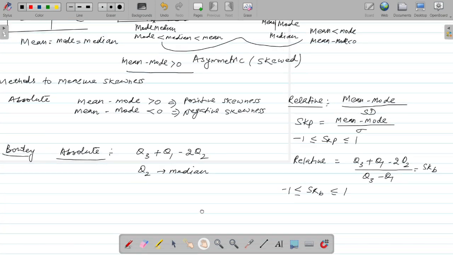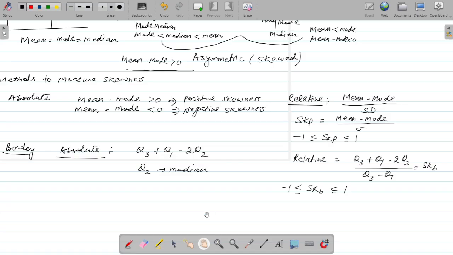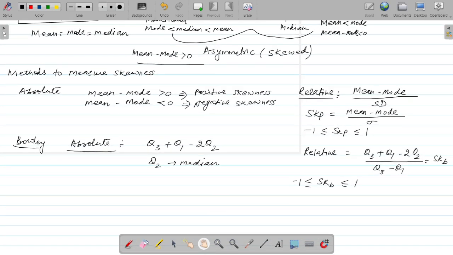There is another measure, Kelly's measure. Kelly's measure includes percentiles and deciles, but it is not in your syllabus, so I'm ignoring that. And another method is the method of moments. Right? So by the method of moments, you have the third moment. The formula is summation of x minus x bar cubed divided by n.